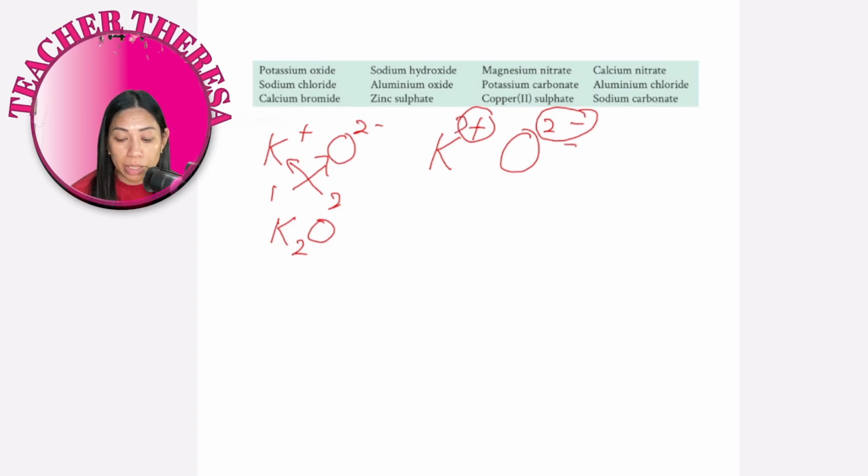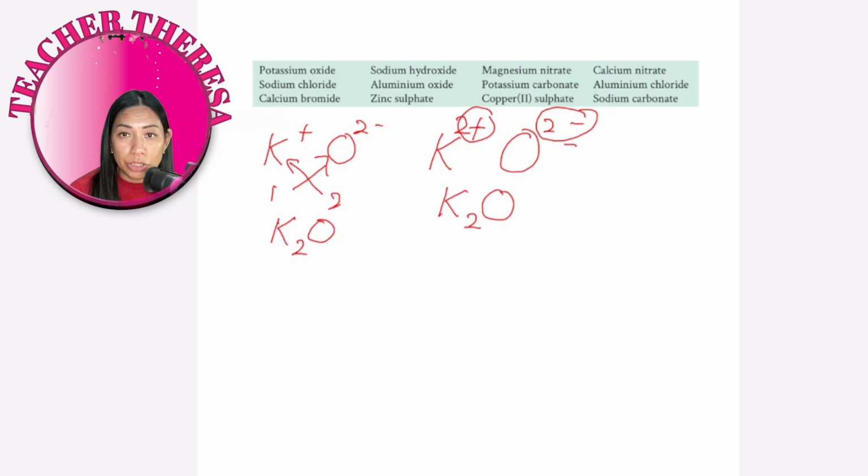So here must be 2 plus. 2 plus added with 2 minus, you will get 0. Because here you have to add 2, there must be 2 potassium. So you get K2O.